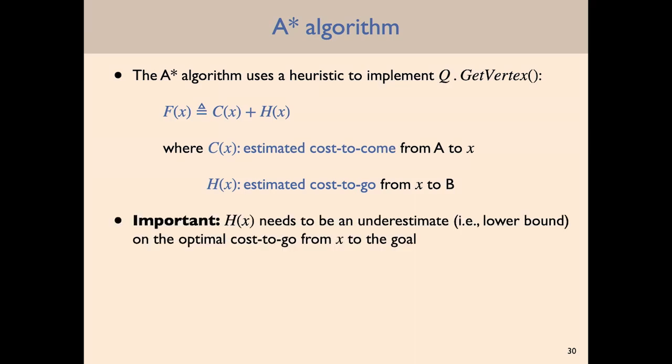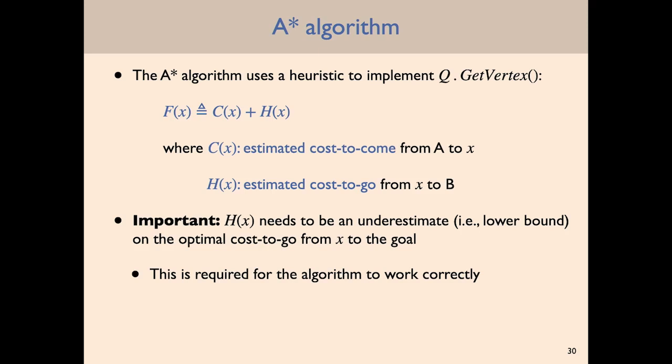One really important note is that h of x, the estimated cost to go, needs to be an underestimate, a lower bound on the optimal cost to go from x to the goal location B. This is super important.